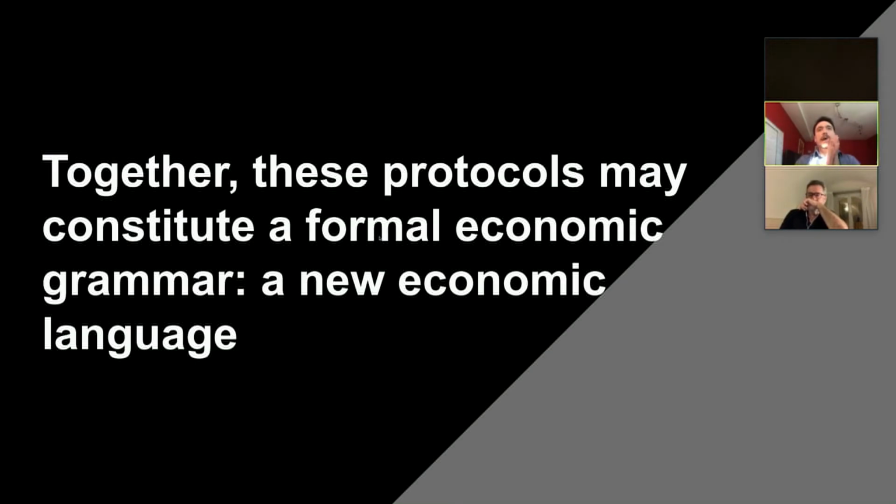Together, these protocols may constitute a formal economic grammar, a new economic language. This is what we're trying to reveal: that the economy is just a set of protocols, and as such can be formalized and implemented in a computational substrate.